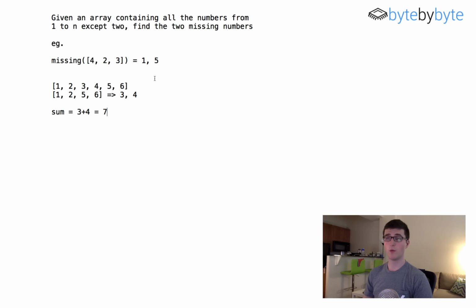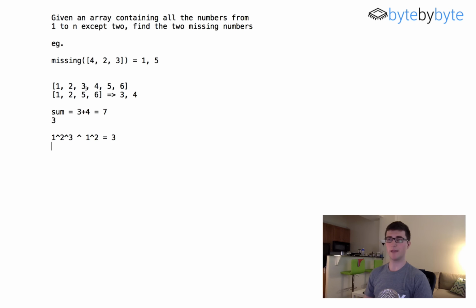Now we're going to XOR the two halves of each array. Half of 7 is going to be 3, because we're just doing integer division here. So we XOR the sequence up to 3, so 1 XOR 2 XOR 3, and then we XOR it with all the numbers in this array that are less than or equal to 3, so 1 XOR 2. And that's going to be equal to 3.